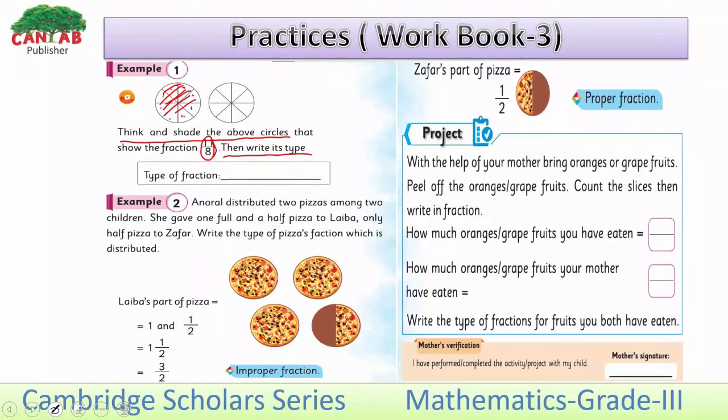You have to shade all the parts of this circle and only 3 parts of this circle. So, you have 1 plus 3/8, which is equal to 1 whole 3/8. This is a mixed fraction. We can write it in the shape of an improper fraction. So, this is the improper fraction.